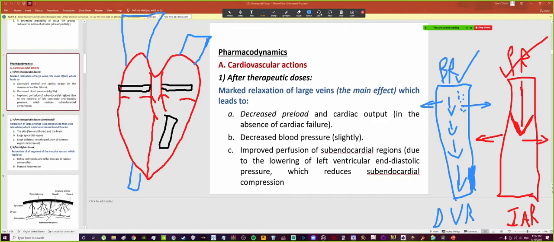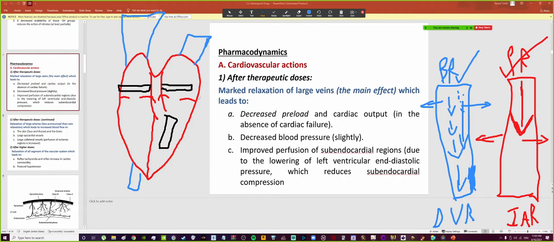We said before that vasodilation decreases the venous return, and it just so happens nitrates, through the synthesis of nitric oxide, will cause vasodilation and decrease the venous return to the heart.